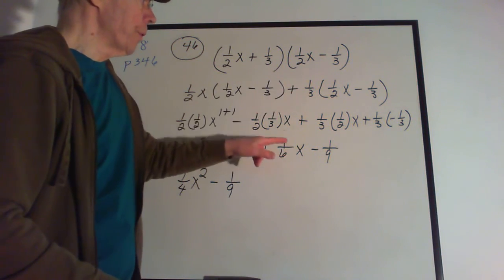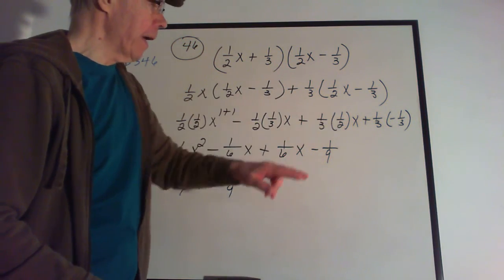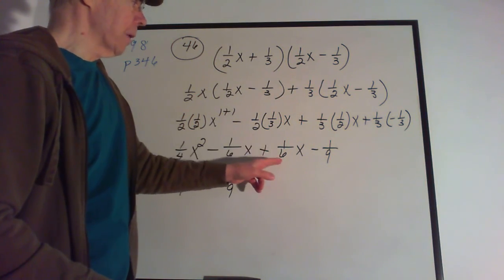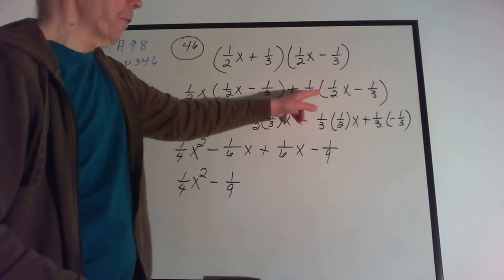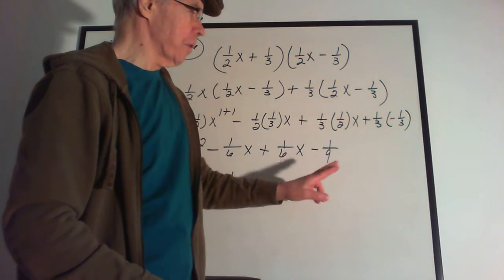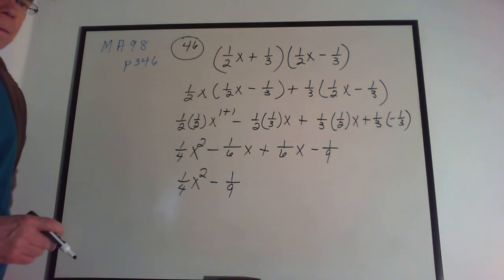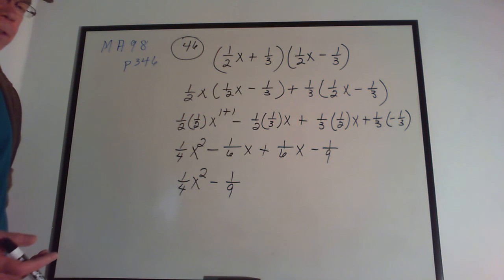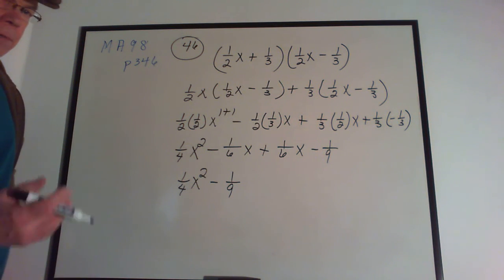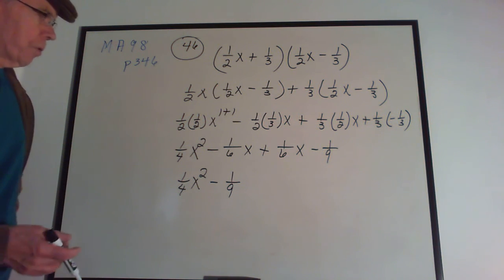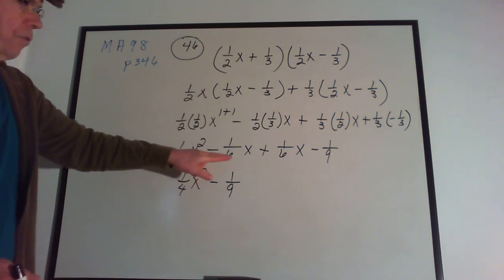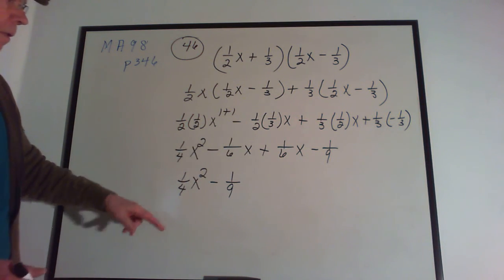Plus 1/3 times 1/2 x gives me a plus 1/6 x. 1/3 times a minus 1/3 is going to give me a negative or minus 1/9. When you multiply fractions, you multiply the denominator times the denominator and the numerator times the numerator. These two will cancel, so I'm left with this as the answer.